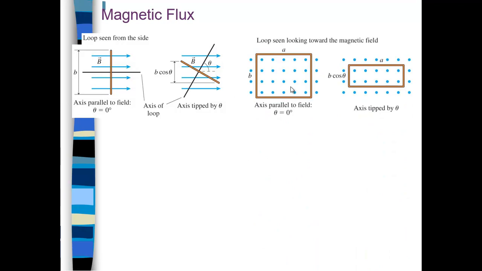Okay, so if my axis of this is a square loop, and the field is coming out towards you, then my axis is parallel to the field, then the maximum magnetic field is coming through, or I have maximum magnetic flux. But then if I bend it, okay, in the magnetic field, instead of having B, then I have B cosine theta, and the loop is tipped by the angle theta, then I'll have less magnetic field, so I'll actually have a flux of magnetic field going through.